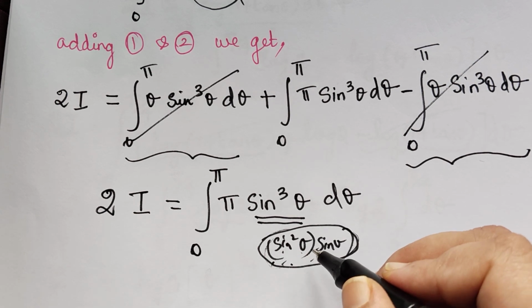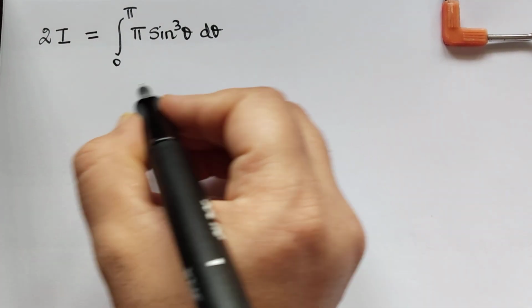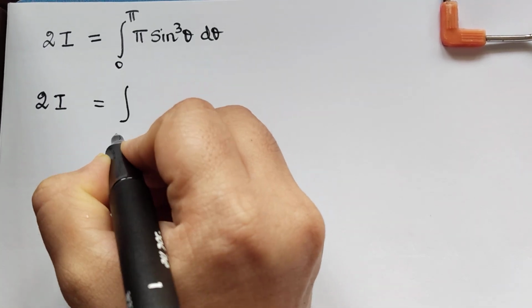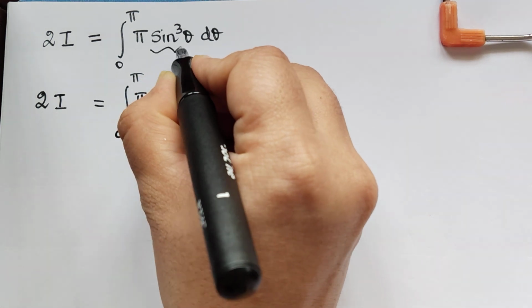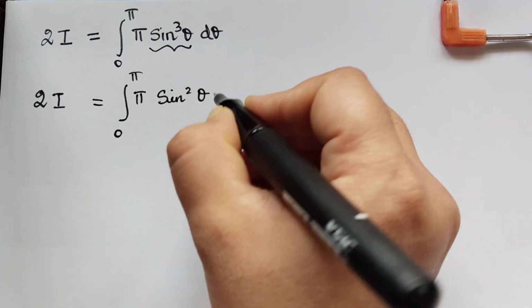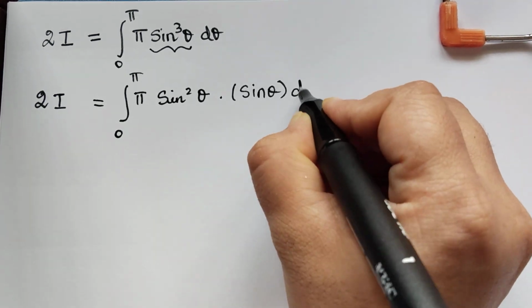So kindly follow carefully. I have written that integral over here. This integral will be equal to integral 0 to pi, pi multiplied with, instead of sine cube theta, sine squared theta multiplied with sine theta d theta.